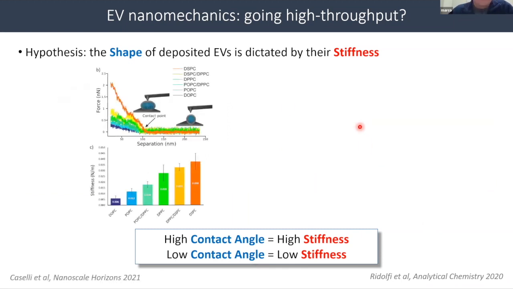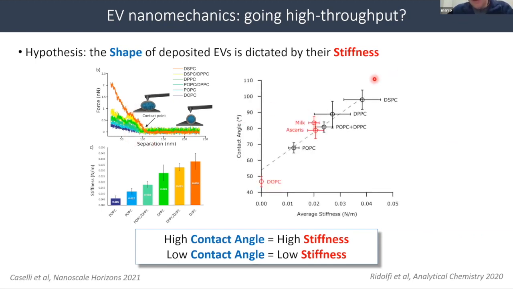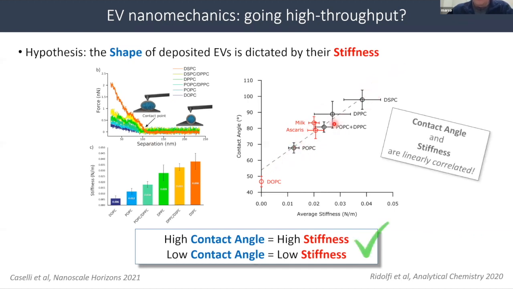Well, we took a whole panel of synthetic liposomes made with our friends in Florence, the lab of Professor Deborah Berti, and we measured the stiffness of them all. Then we also measured the contact angles of them all, and we plotted one against the other, noticing that there is a distinct linear correlation between the two. So we can say that the contact angle we measure in AFM images is representative, broadly speaking, of vesicle stiffness, okay?